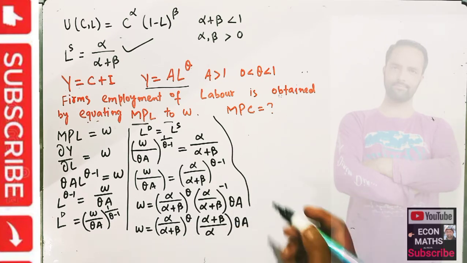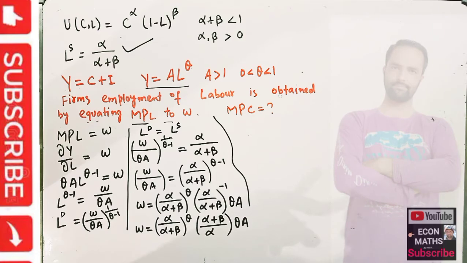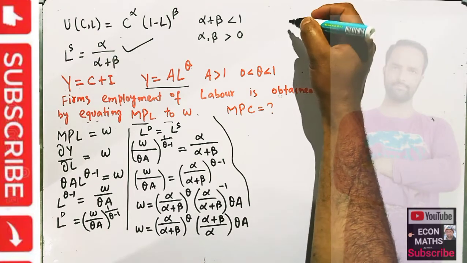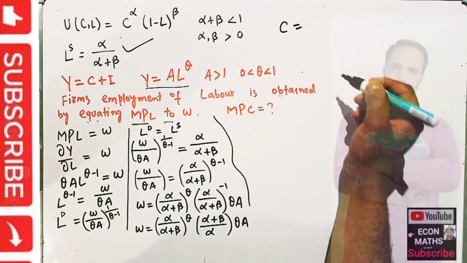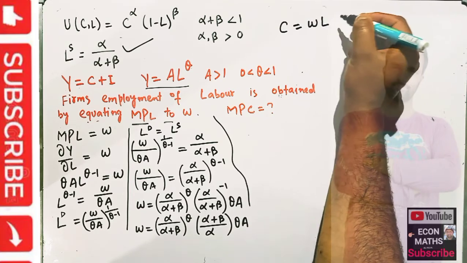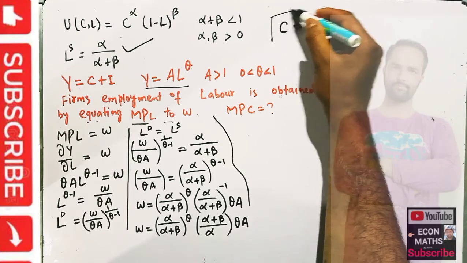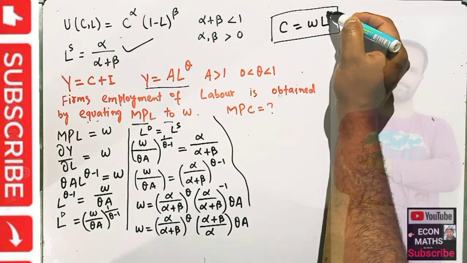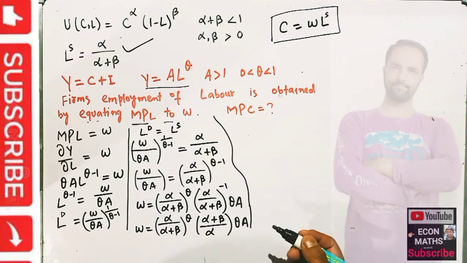So this is our wage rate. Now I forgot to write another expression: our consumption expenditure was equal to the wage rate times the units of labor supplied. Okay, this was also a result from the earlier question.